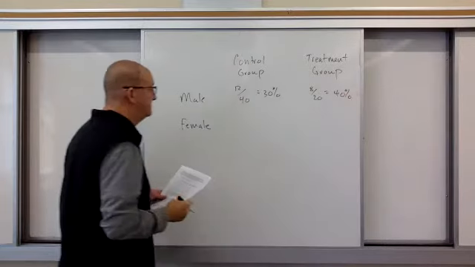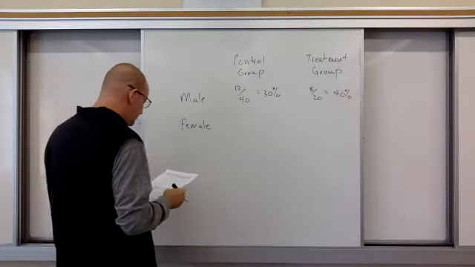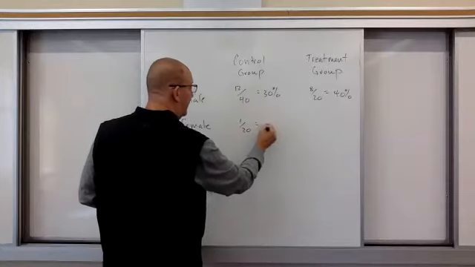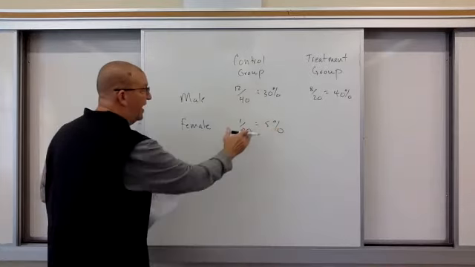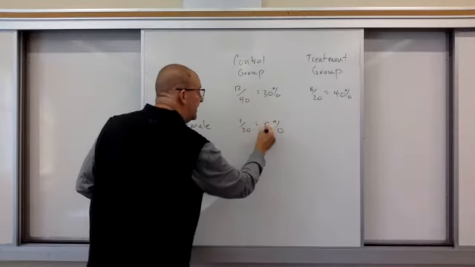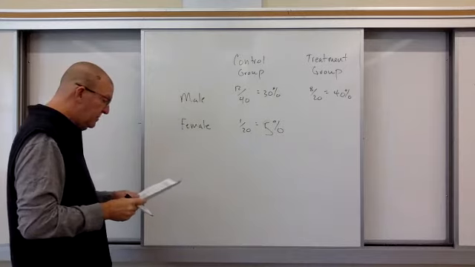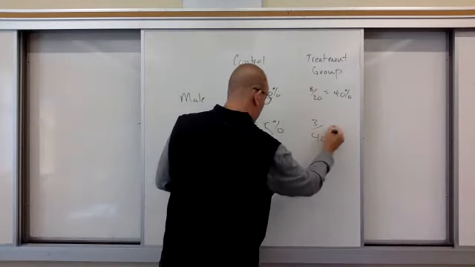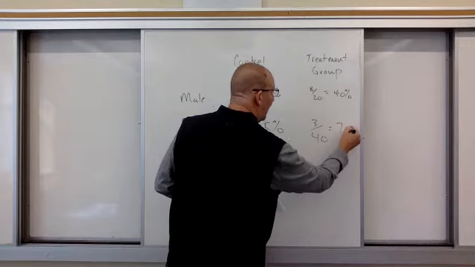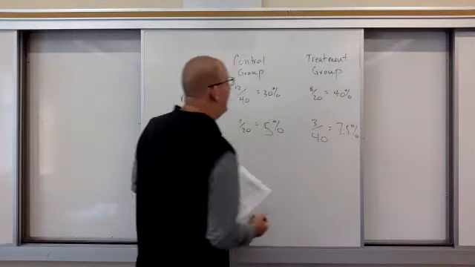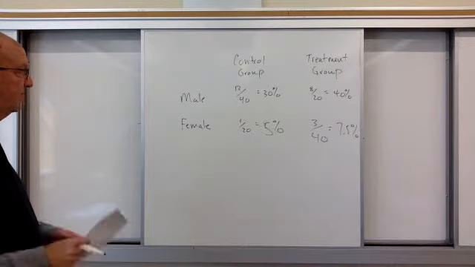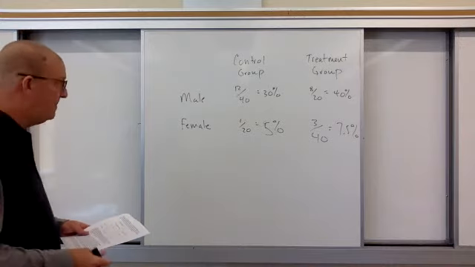That's 40%. For the female group, 1 out of 20 had a heart attack. That's 5%. And then in the treatment group, 3 out of 40, or about 7.5%, had heart attacks. Now, here's what happens.